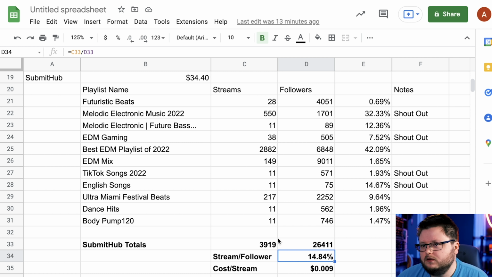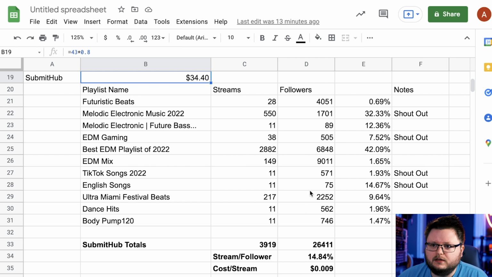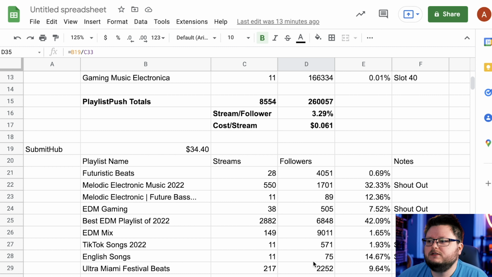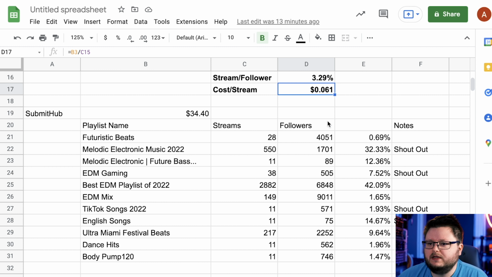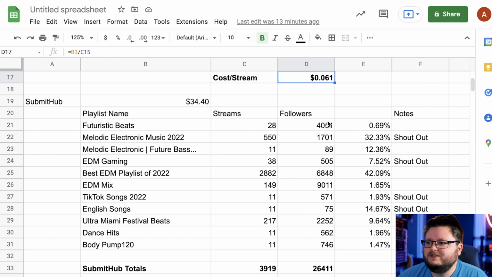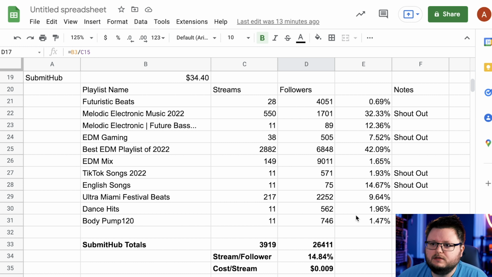Now it doesn't stop there, because even though these numbers are smaller, I only spent $35 basically. So the cost per stream was less than a penny. It was 0.9 cents compared to Playlist Push's 6.1 cents. So that's like a factor of 6 or 7 difference in price.